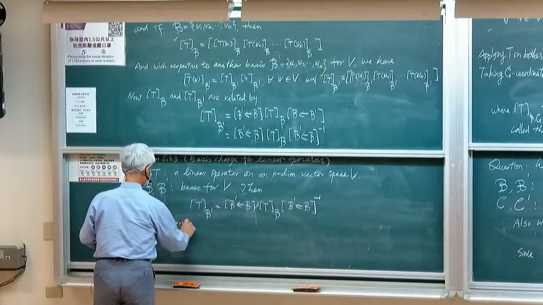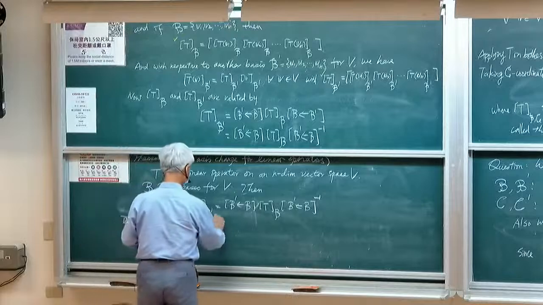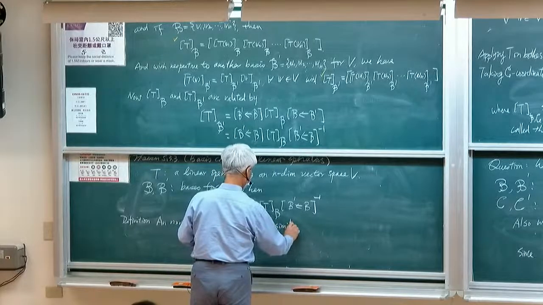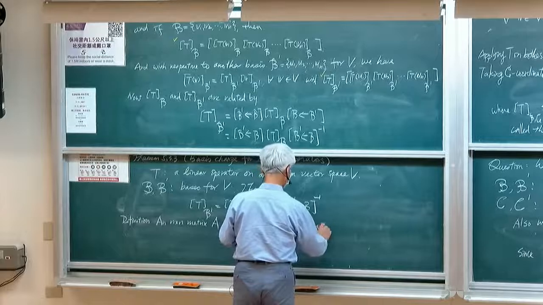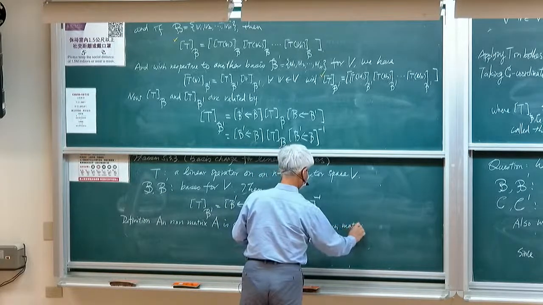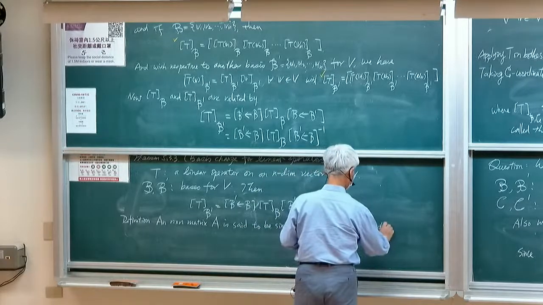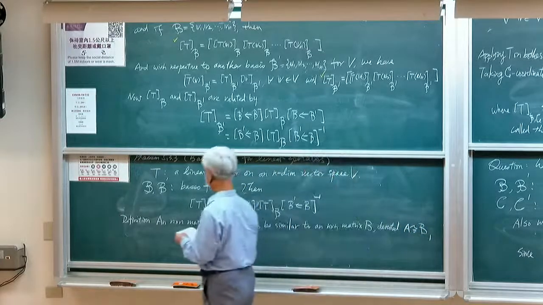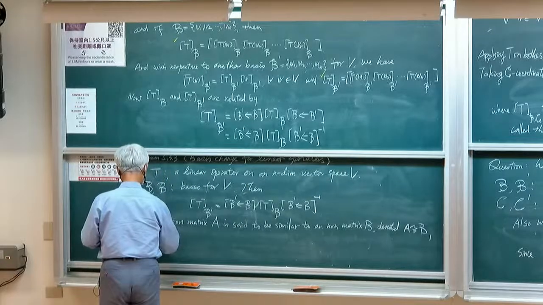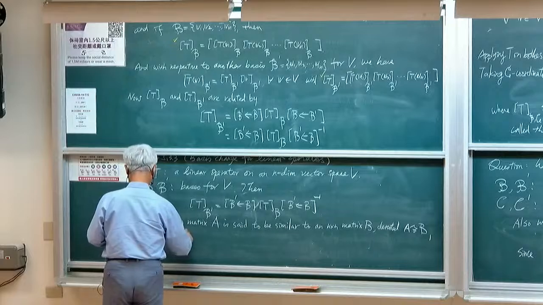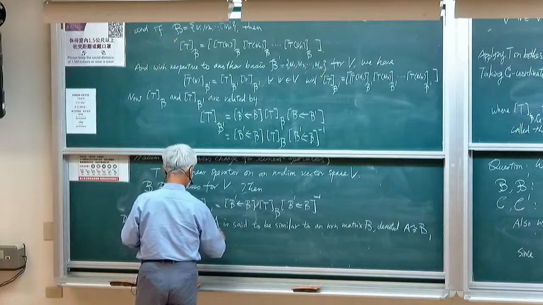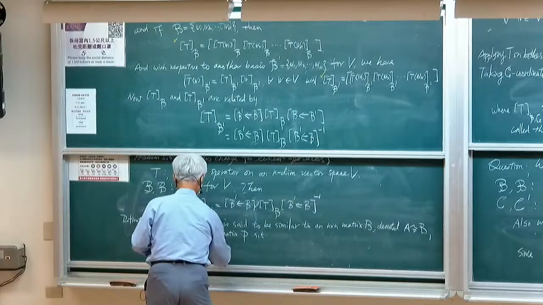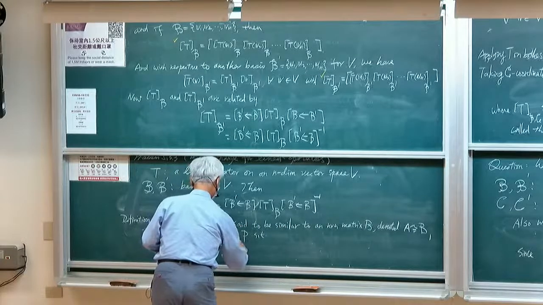An n times n matrix A is said to be similar to an n times n matrix B, denoted A similar to B, if there exists an n times n invertible matrix P such that A is equal to P multiplied with B multiplied with P inverse.